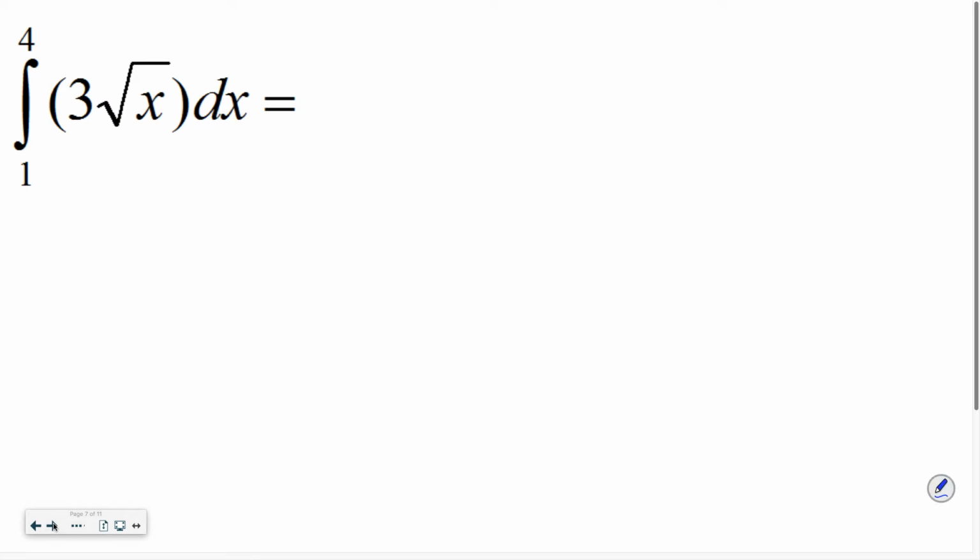So don't forget all of the work that we did with our antiderivatives. How long has it been? Two weeks ago, right? I would rewrite this to be 3x to the 1/2 before taking the antiderivative.